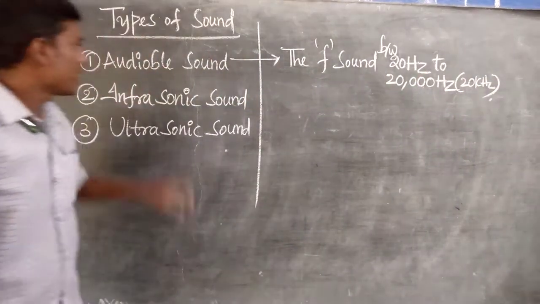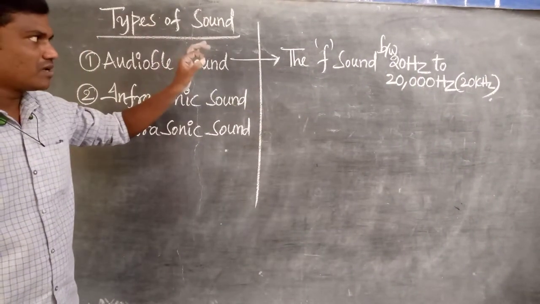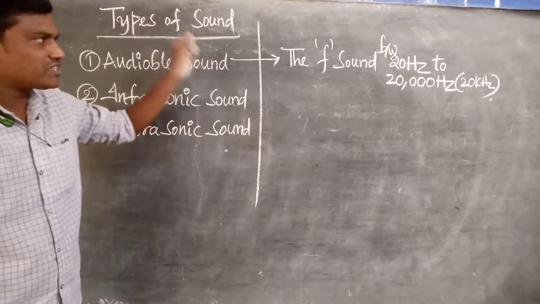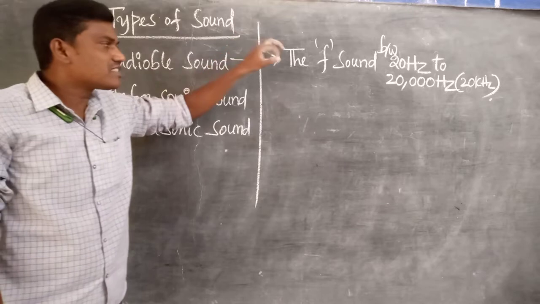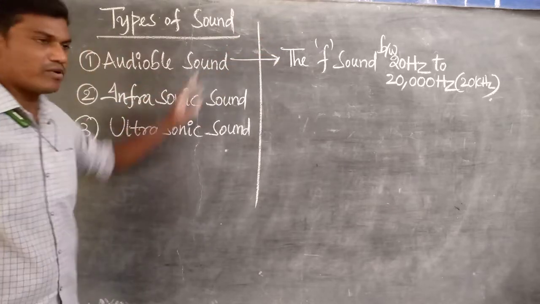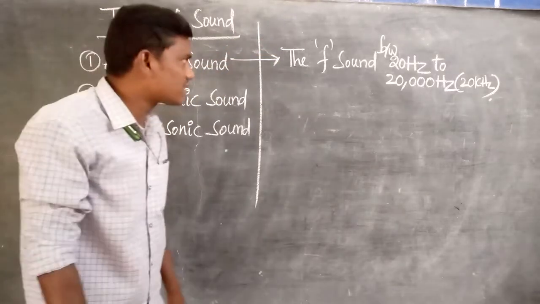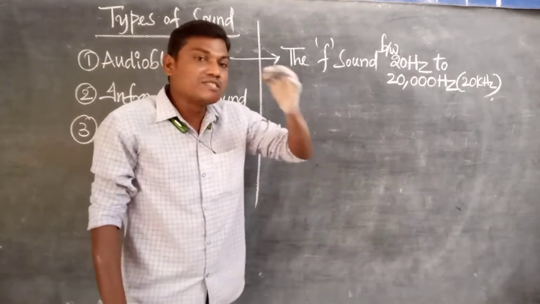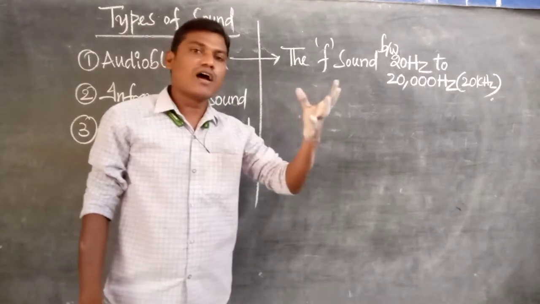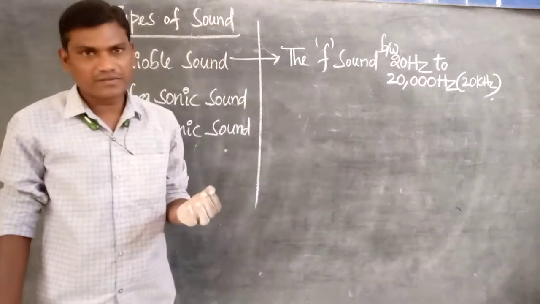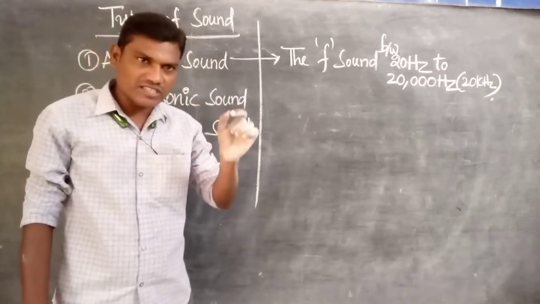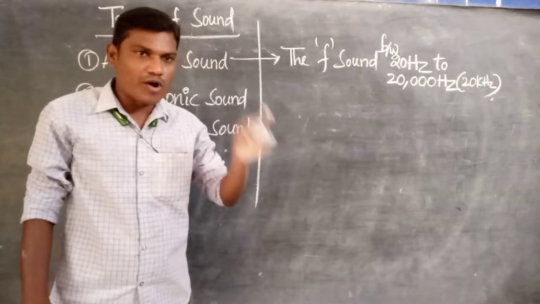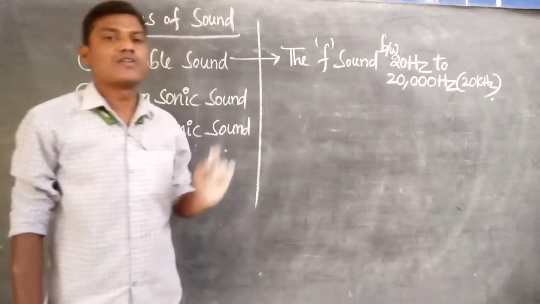Listen very carefully. The frequency of sound between 20 Hz to 20,000 Hz, that sound we call audible sound. Why? Because if any body vibrates, it produces vibration, meaning frequency. We know that. What is meant by frequency? The number of vibrations made by a vibrating body in 1 second is called frequency.